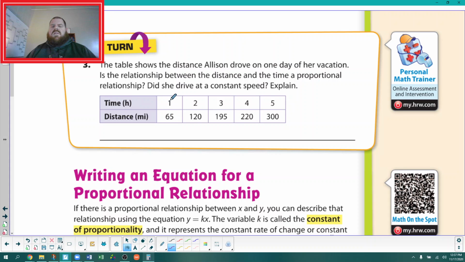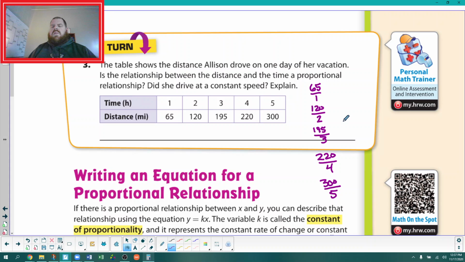So I'm going to go distance over time. I have 65/1. I have 120/2. I have 195/3. I have 220/4. And I have 300/5.